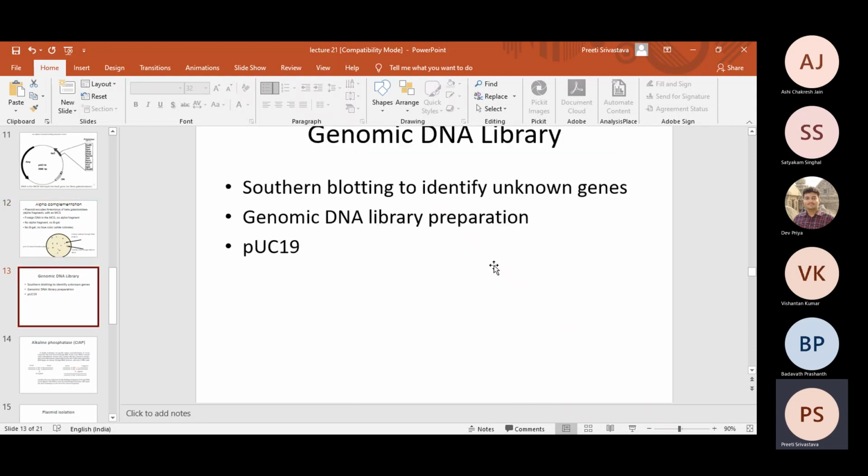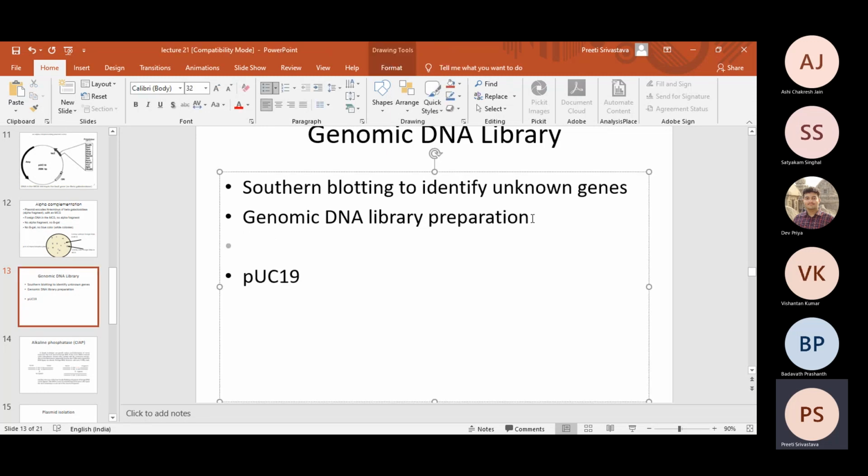So what is a genomic DNA library? As the name says, a genomic DNA library means a library of total genomic DNA. Here the size of the library would depend upon the size of the chromosome, right? And the fragment size also varies.